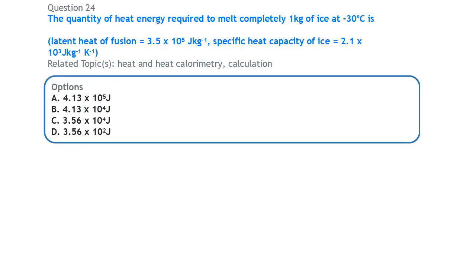Next, the quantity of heat required to melt completely 1 kilogram of ice at minus 30 degrees Celsius is, you have the latent heat of fusion to be 3.5 times 10 raised to the power 5. The specific heat capacity of the ice is 2.1 times 10 raised to the power 3.